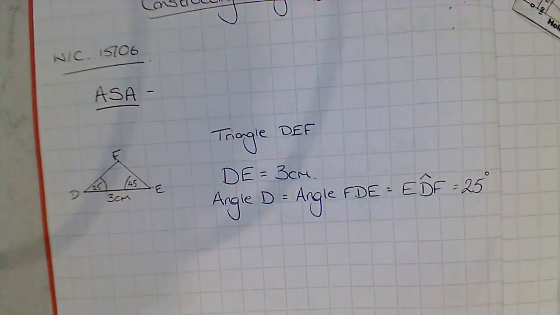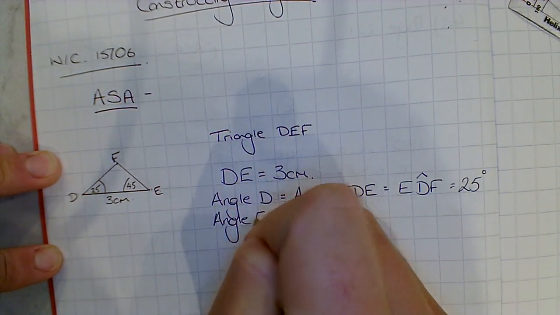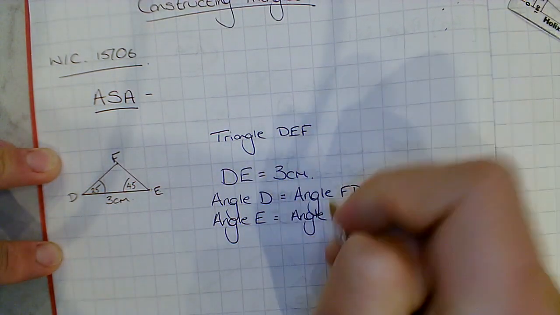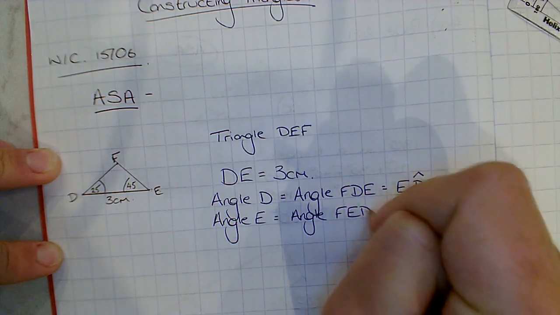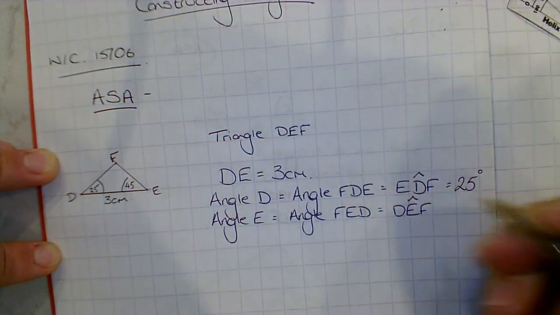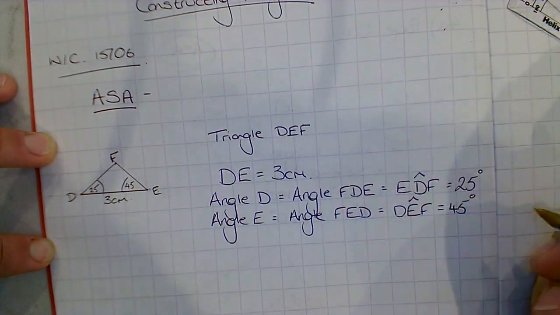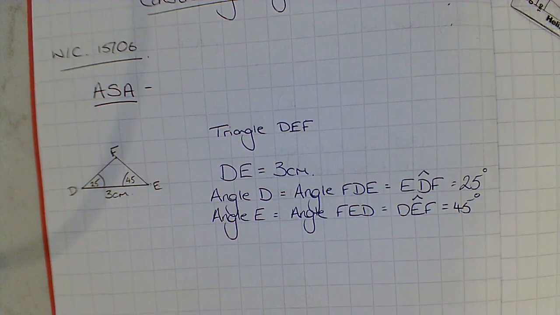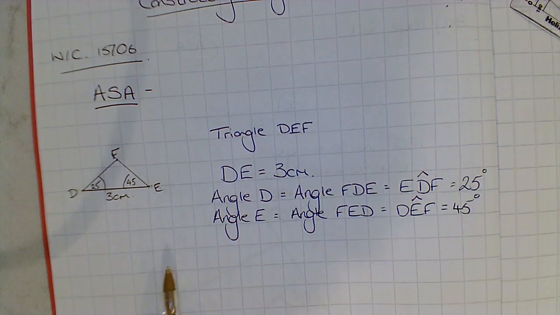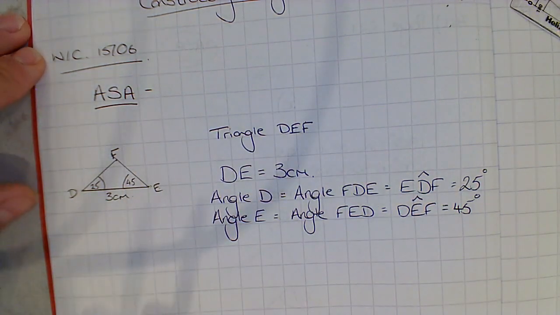Okay, so similarly, angle E, which is what you would see in the book, we could write as angle FED, or we could do DEF with a hat on the E, and we know that is 45 degrees. Okay, so now once we've got the terminology out of the way, which will be really useful for question 3, we're going to now look at actually constructing some of our triangles.